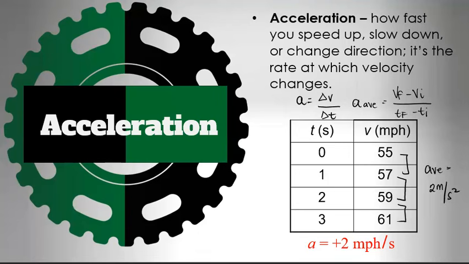You can also average the change, or every second, how much is the change of the velocity. And it is equal to 2 meters per second squared. Okay, your velocity changes with an increment of 2 every second.